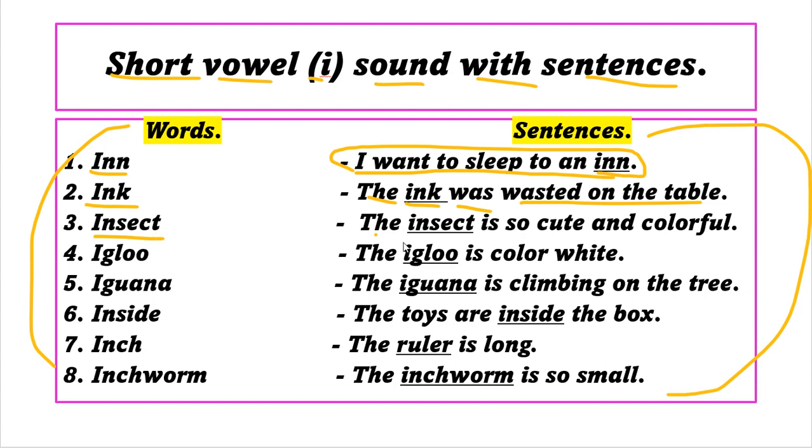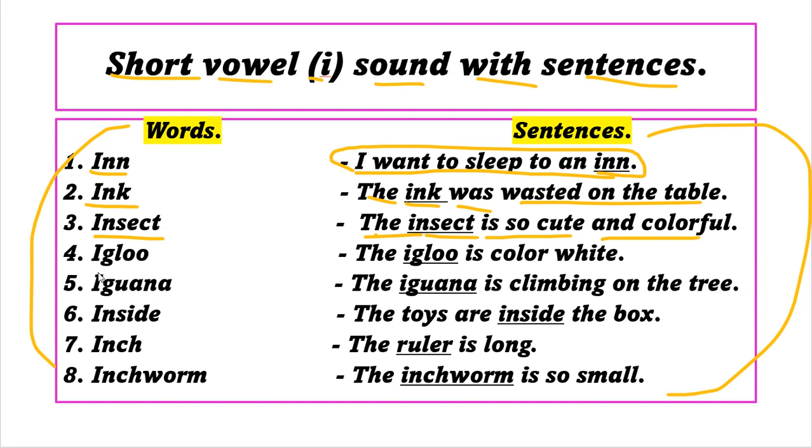The sentence is: The insect is so cute and colorful. In the picture, I showed you a lot of different types of insects. You can see they are so small, cute, and colorful. You can also say: An insect is so cute and colorful. The sentence is still correct.